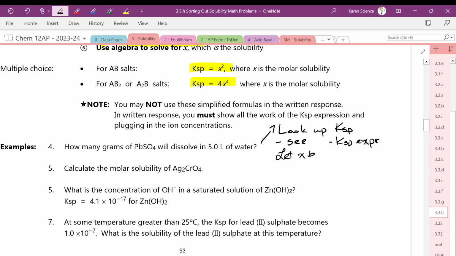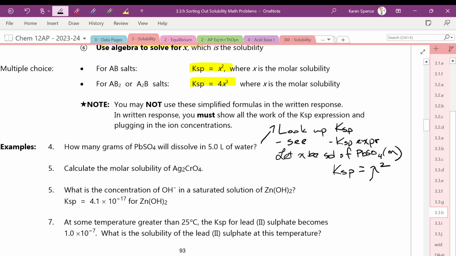Let X be what? Solubility of PbSO4 in molar. And then you would do all the stuff, and you would end up with a KSP equal to x squared. You would solve for it.